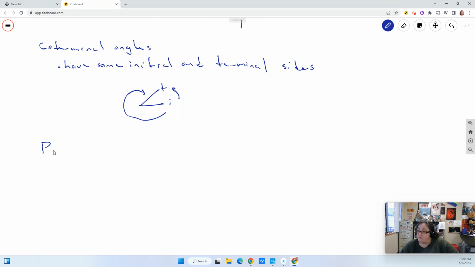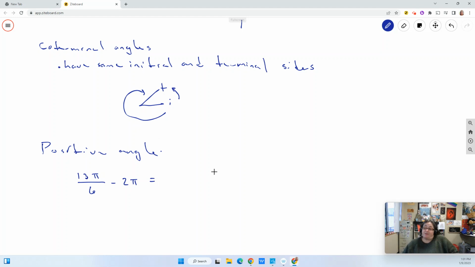Positive angle, 13 pi over 6, and I want to find a coterminal angle, all I have to do is subtract 2 pi. So when it is a positive angle, we can subtract 2 pi and we will get our coterminal angle.